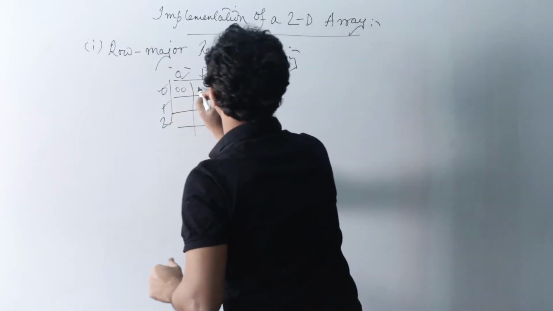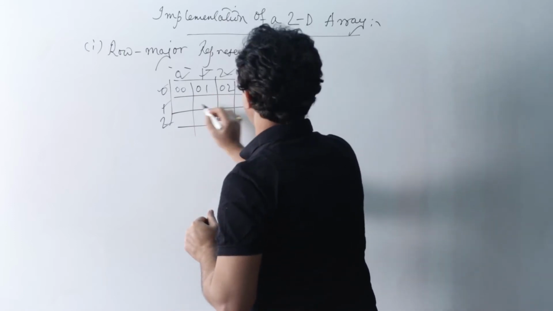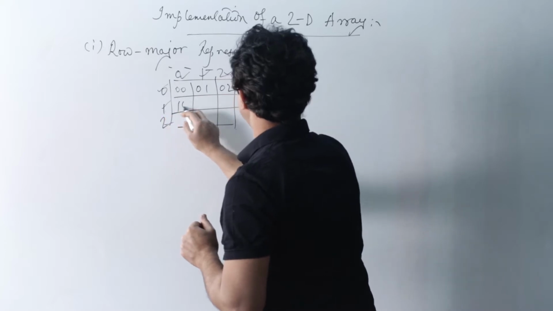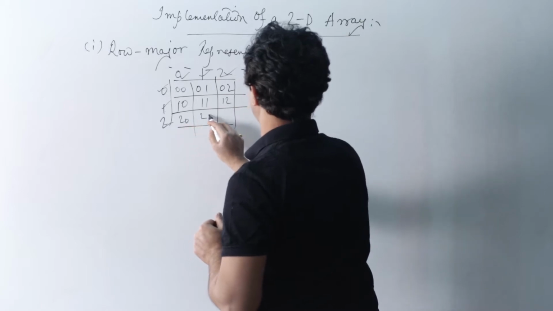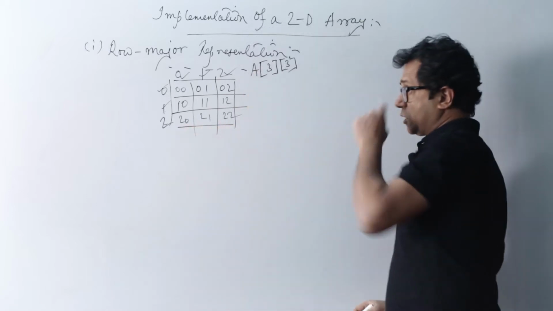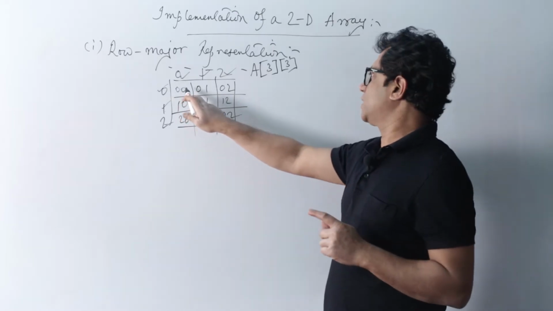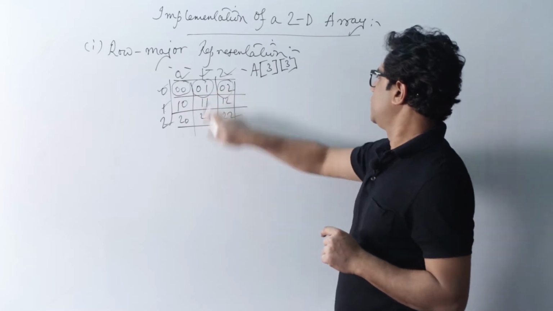This cell has an index of 0, 1. This cell has indices 0, 2. This cell has an index of 1, 0. This has 1, 1. This has 1, 2. This has 2, 0, 2, 1, 2, 2. So these are the different row and column indices in the different cells of this logical representation.